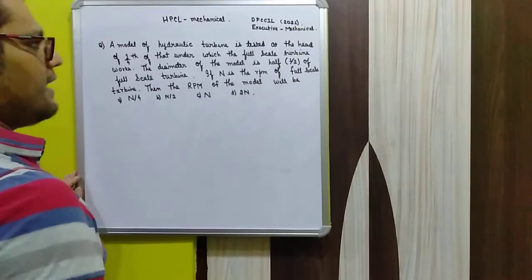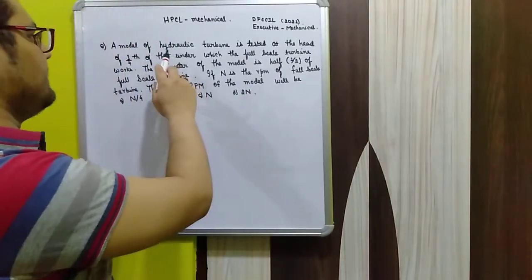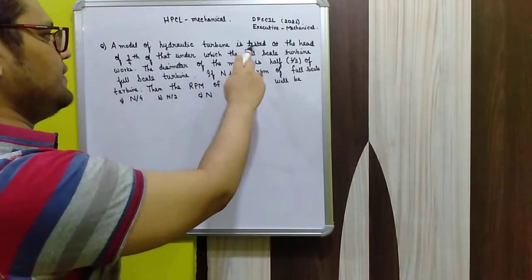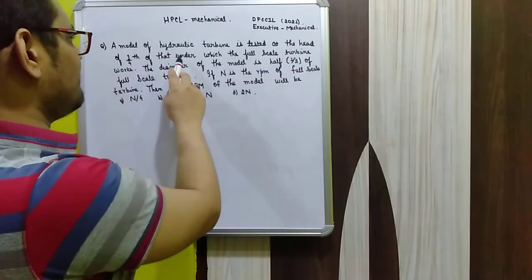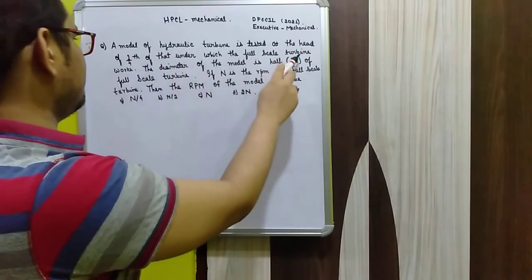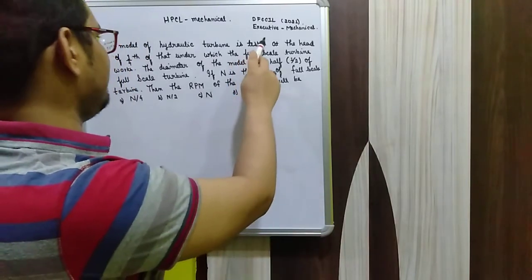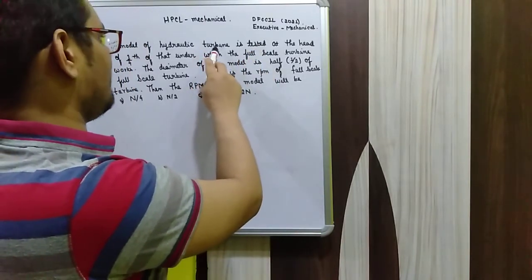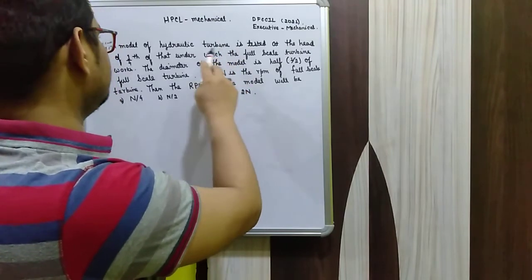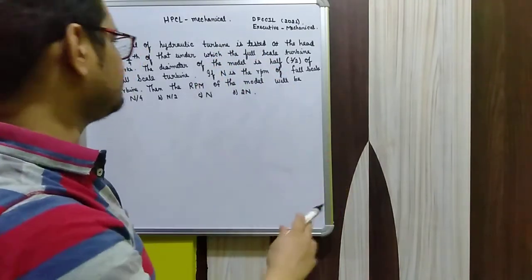You can understand what is given here. There is a hydraulic model turbine which is tested at the head of 1/4 of that under which the full scale turbine works. So the head of the model turbine is 1/4 of the actual full scale turbine.